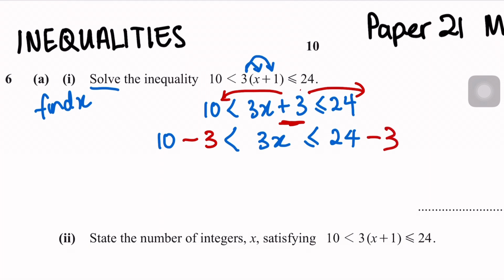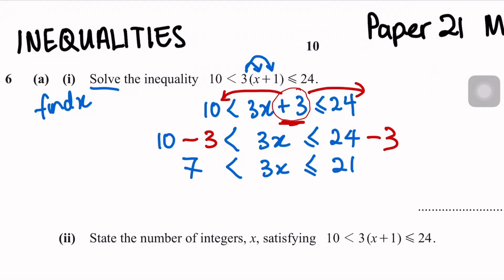You have to know that when you are moving the plus 3 to the other side, the sign changes, so it will become a minus 3 and minus 3 here. Alright, then you solve the number. 10 minus 3 becomes 7. 24 minus 3 becomes 21.